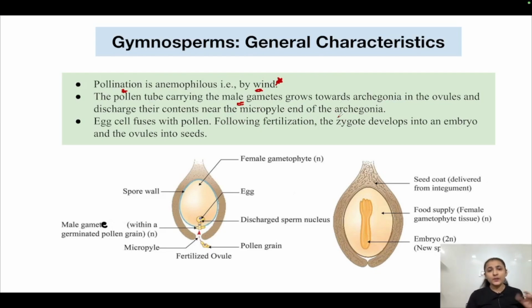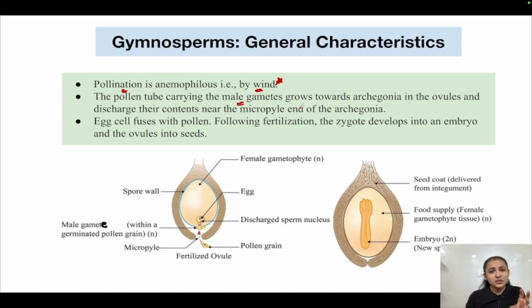So what is happening in the whole process? The pollen grains will reach the female sex organs. Female sex organs are the archegonia. Archegonia are present inside the ovule, right? So when the pollen grains carrying the male gametes reach the female cone, inside the female cone our ovules are present, right?